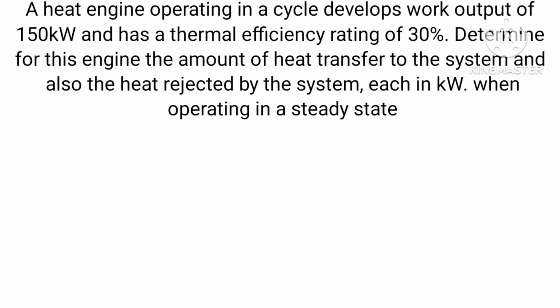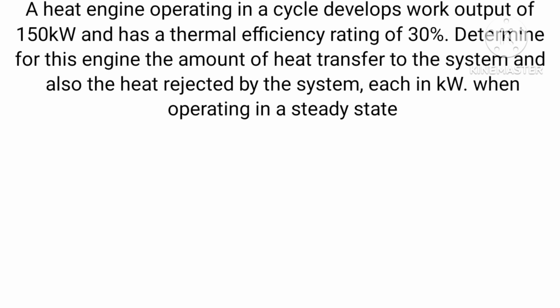So a heat engine operating in a cycle develops work output of 150 kilowatts and has a thermal efficiency rating of 30%. Determine for this engine the amount of heat transfer to the system and also the heat rejected by the system, each in kilowatts, when operating in a steady state.